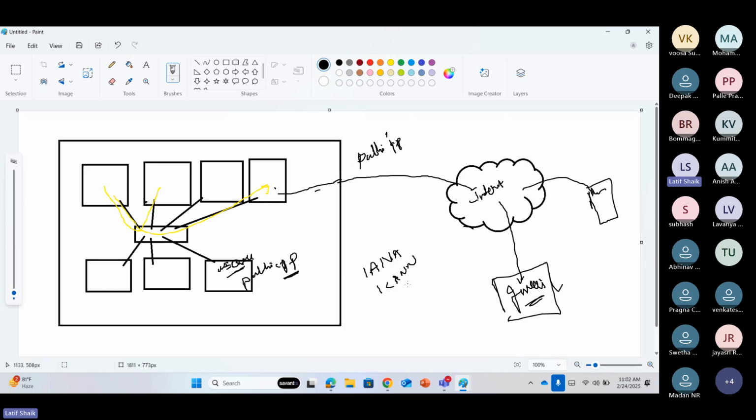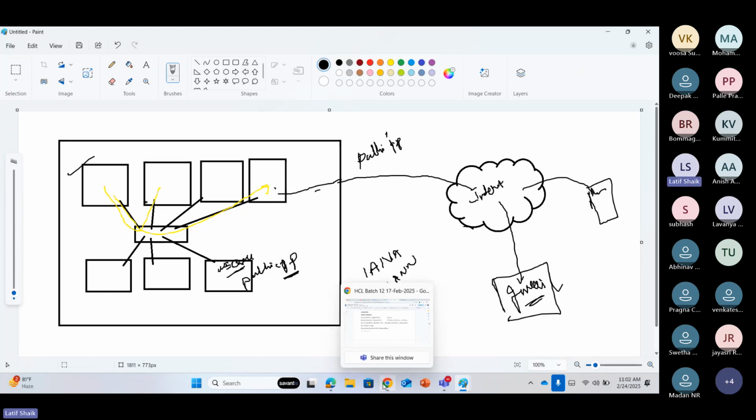This is entirely controlled by IANA and ICANN. They define what range of IP addresses can be used. So IANA and ICANN have given certain IP addresses for private use only.